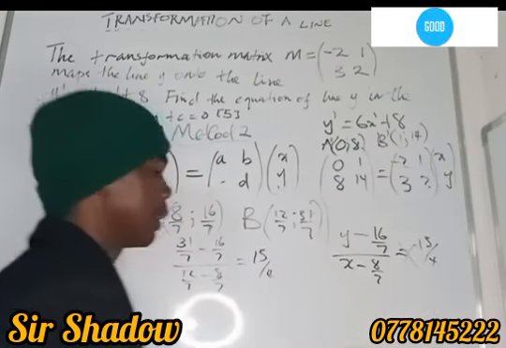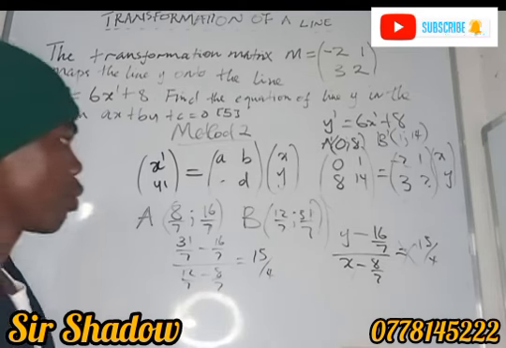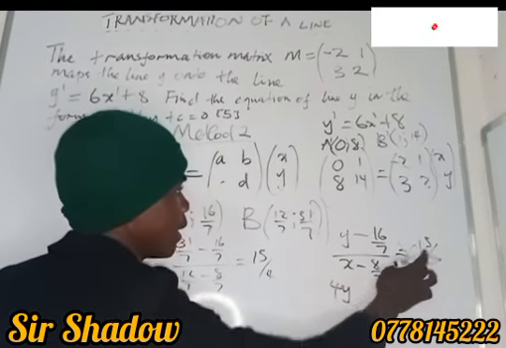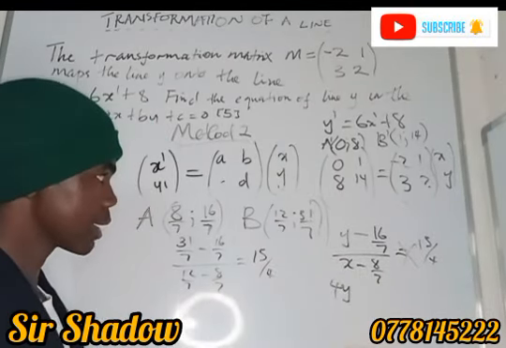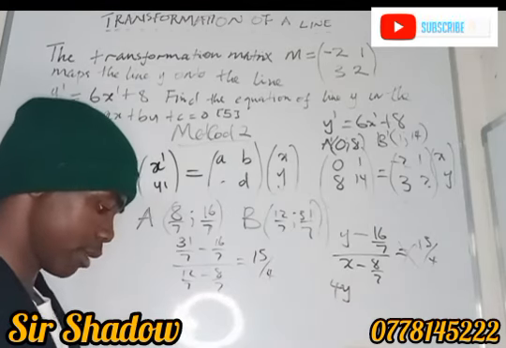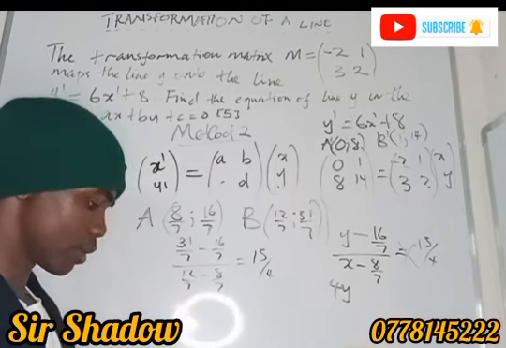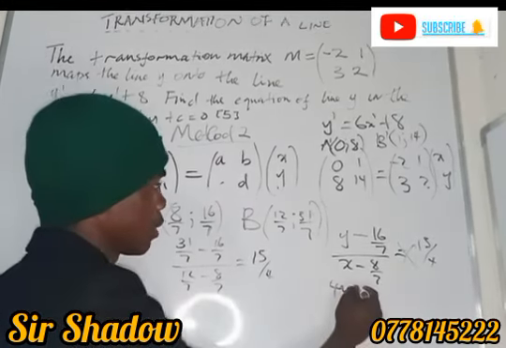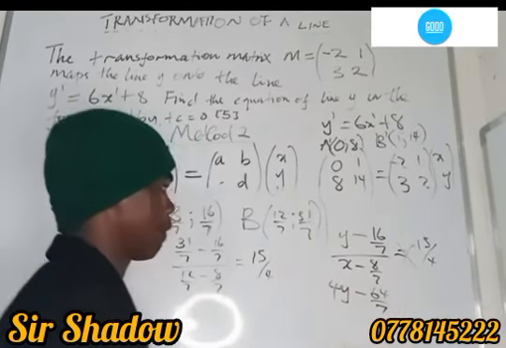Doing cross multiplication here, we obtain 4y. Then this one by this one, we have 16 over 7 by 4, which is 64 over 7, subtracting 64 over 7.